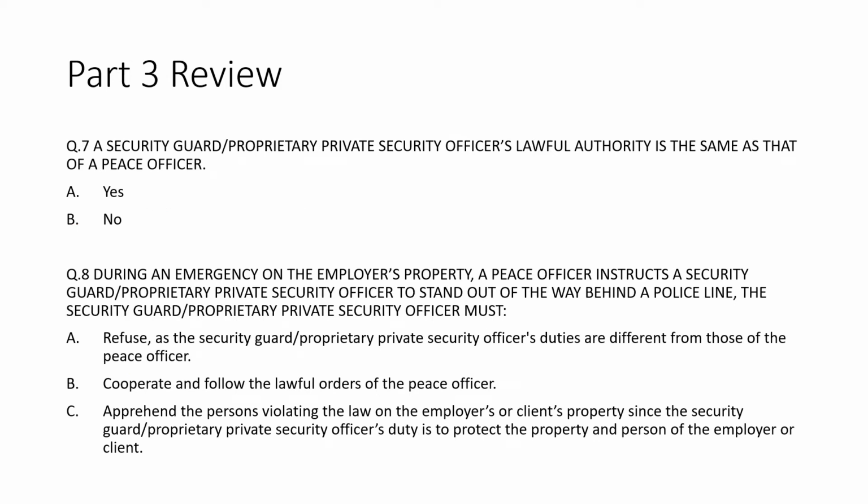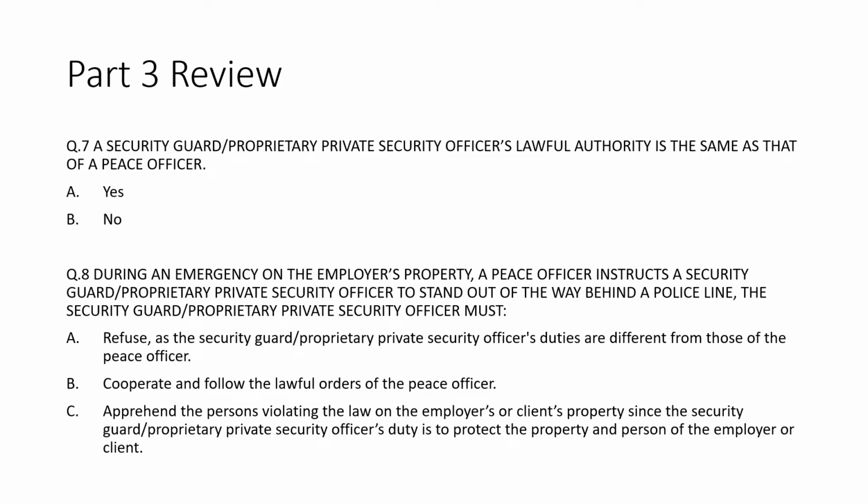Part 3, question 7. A security guard, proprietary private security officer's lawful authority is the same as that of a peace officer. A, yes. B, no. Question 8. During an emergency on the employer's property, a peace officer instructs a security officer, proprietary security officers, to stand out of the way and behind a police line.